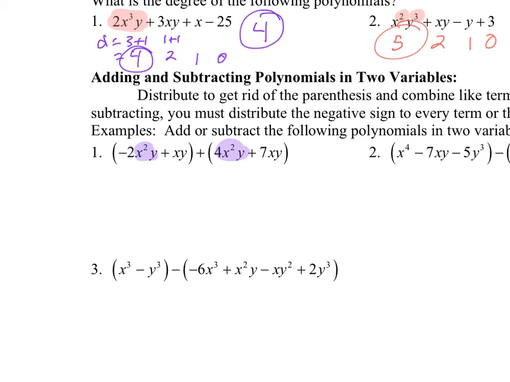So I have a minus 2 plus 4, so I'm going to have 2x squared y. Now xy, I have 2 xy's. When I add them, I get plus 7 and 1, so 8xy. I cannot add those together because the 2x squared y has an extra x. The variable pattern has to be identical. Not necessarily in order, but in degrees and such.